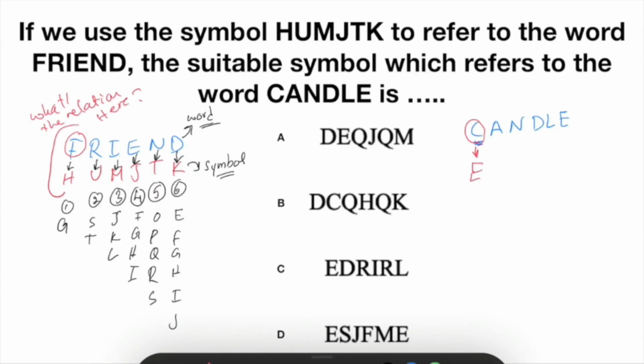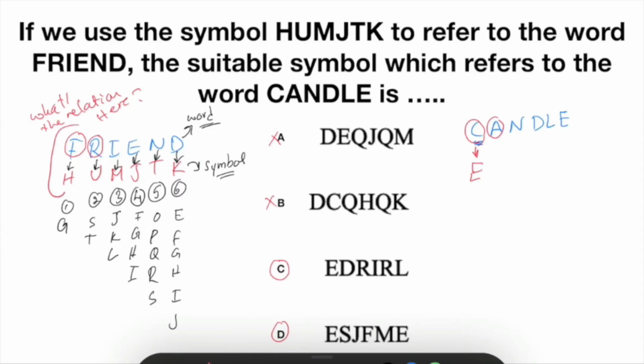So I can here imagine that the symbol I'm trying to reach, the symbol that represents candle, starts with E. So A will be wrong, B will be wrong, maybe C or D. So what will make me reach my answer clearly is just to make the same effort with A. A in candle is similar to R in friend.